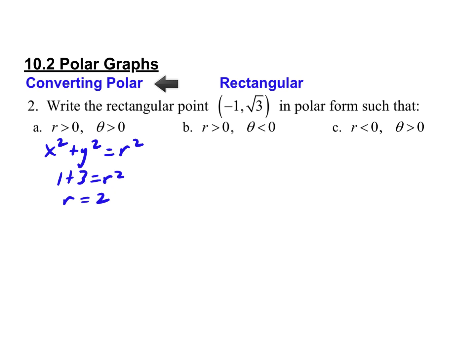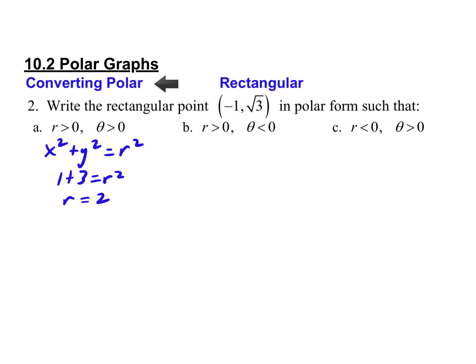Now, we have options in terms of finding theta, but just to be consistent, since it's possible we mess up our math, I believe we should use the information they're giving us to be safest. Since they're giving us an x and a y, in order to find theta, we're going to use tangent.